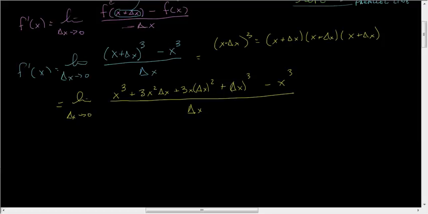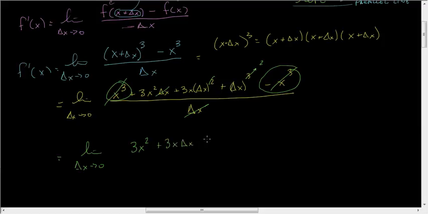Okay, so now we notice that we have a negative x cubed and a positive x cubed. Those cancel. And now every term has at least one delta x, and therefore the delta x's cancel. That cancels with this, that cancels with that, and that becomes a 2. And so after all the cancellations, I have the limit as delta x tends to 0 of 3x squared plus 3x delta x plus delta x squared.